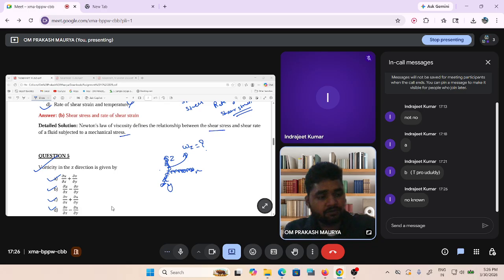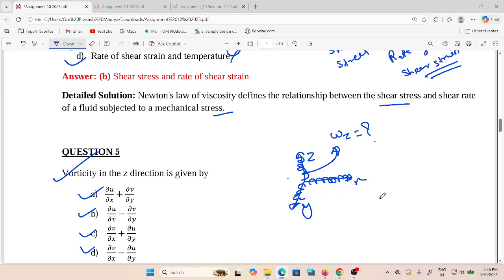Okay. What you don't know, no issue. Let me just explain you. You should always remember that vorticity is written in terms of curl. What is curl? It is the del operator crossed with the velocity vector. So what is the del operator?